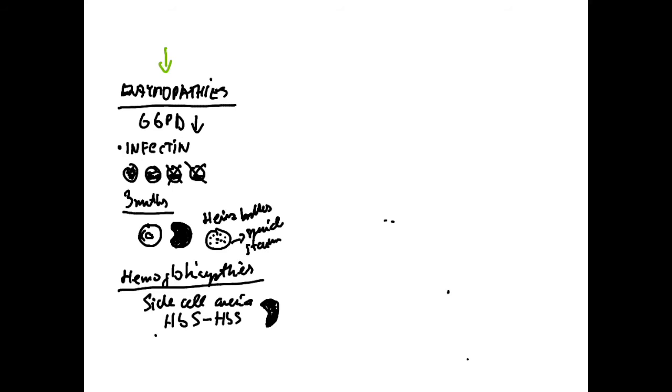Remember, if it's a trait, that is heterozygote, they are pretty okay. They don't have any crisis, but the only thing is isosthenuria. Remember this. We talked about it.